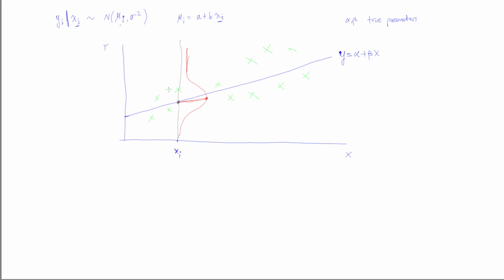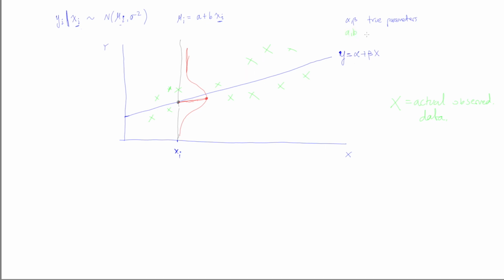Okay, so green is actual observed data. Blue is the true line. And then using least squares, or using maximum likelihood estimation, I'm going to get estimates.